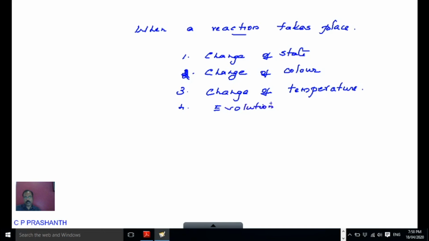So either any of these or a combination of any of these can take place. If you happen to see any of these four or a combination of them, it will give an idea that a reaction has taken place. So this is how we will know whether a reaction has taken place.